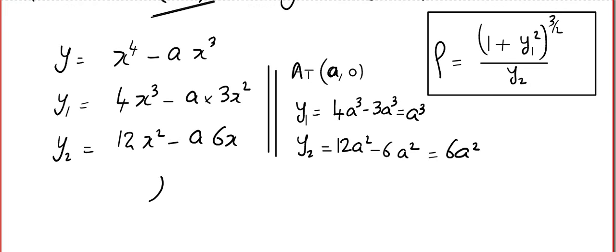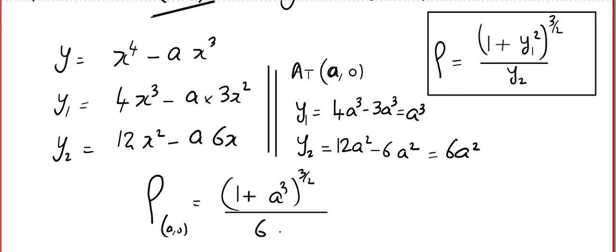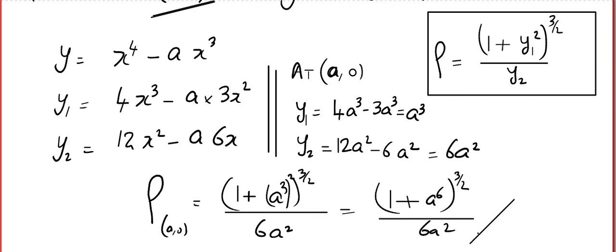You can write the radius of curvature at the point a comma 0 is equal to 1 plus a cube the whole power 3 by 2, the whole divided by 6a square. So that will be 1 plus a to the power 6 by 6a square. So that's it.